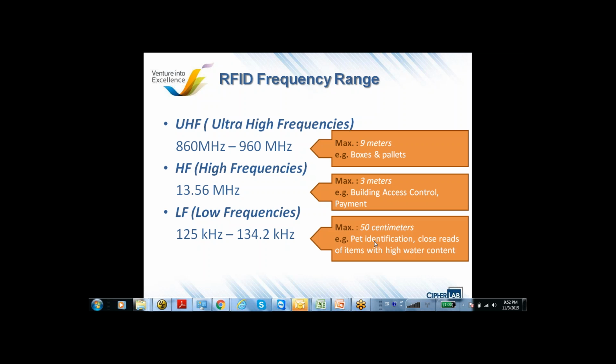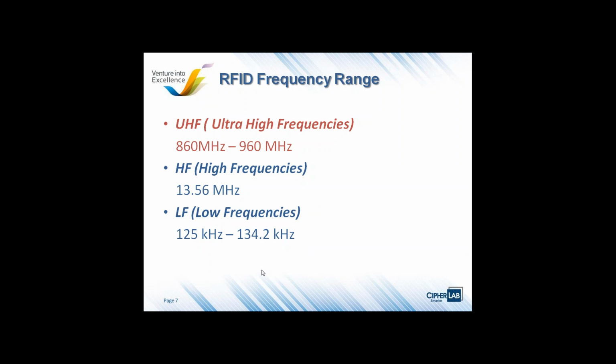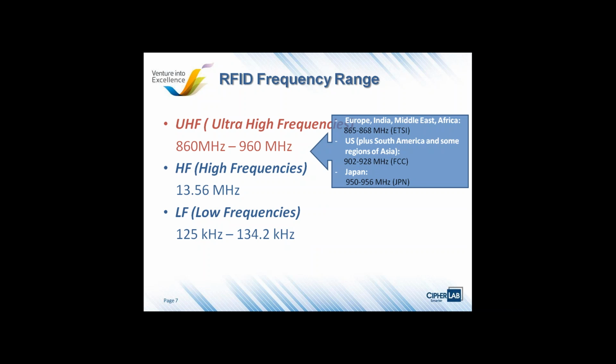According to country communication policy, each country defines different frequencies. For ultra high frequency, the general frequency is 860 megahertz to 960 megahertz.